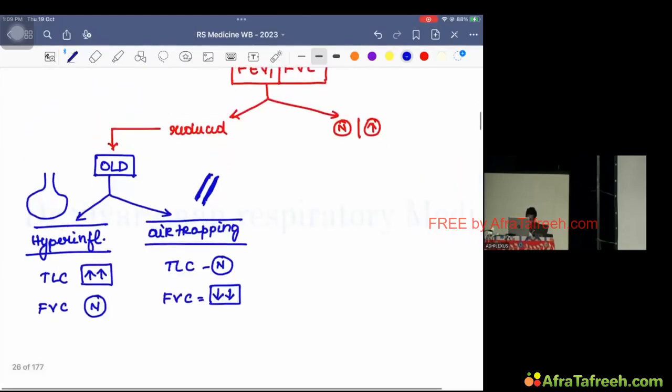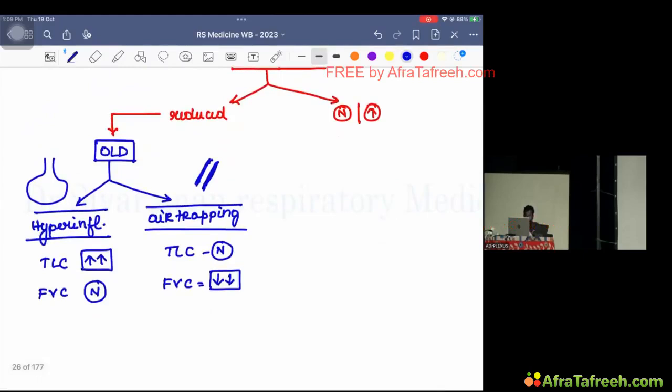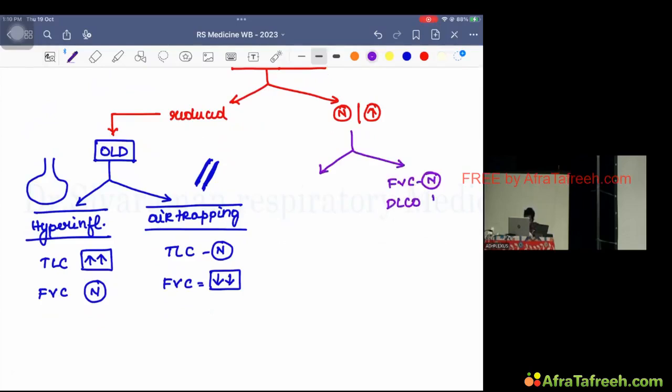Next is FEV1 by FVC increased or normal. Now here we have two scenarios. One scenario is FVC is normal and DLCO is decreased. What is this condition? Where should be the pathology?